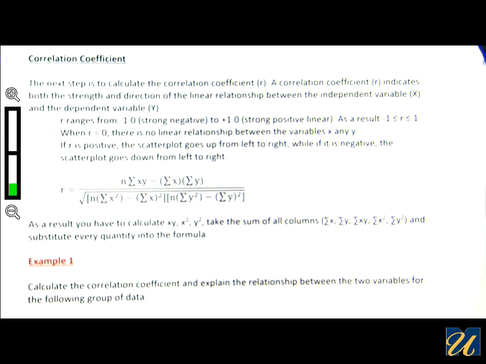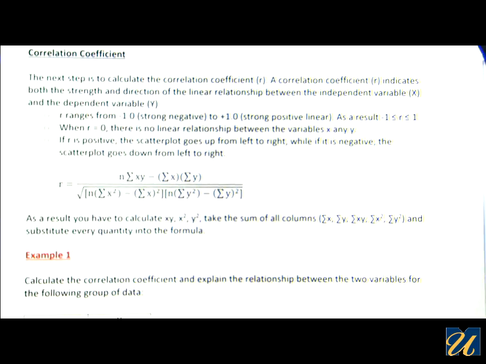Now, if I wanted to find the correlation coefficient, the next step is to calculate R. A correlation coefficient R indicates, as we mentioned before, both strength and direction of the linear relationship between an independent and a dependent variable. It ranges from -1 to +1. If R is 0, that means there is no linear relationship between the two variables.